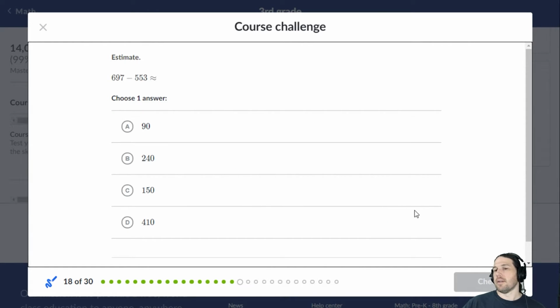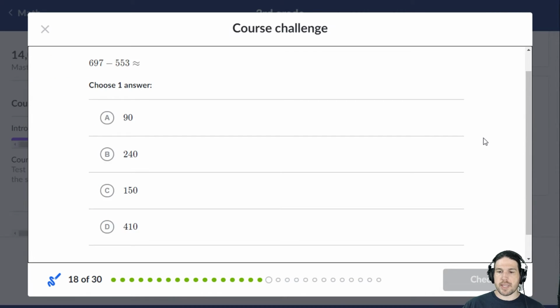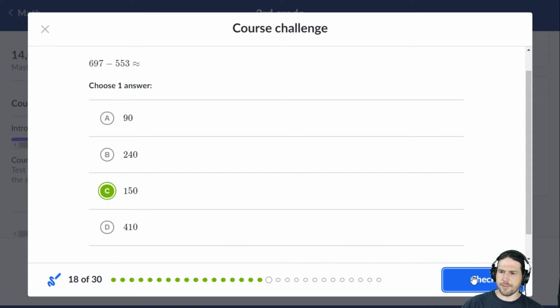Estimate. Remember, we're not doing full subtraction here, we're just estimating. Choose the answer that is closest. I got about 150.